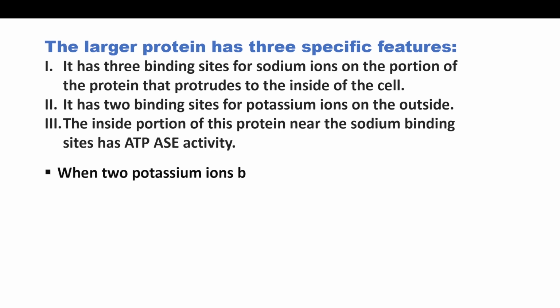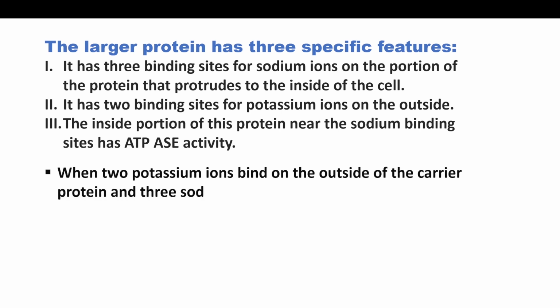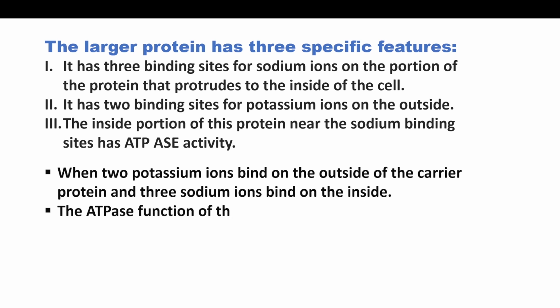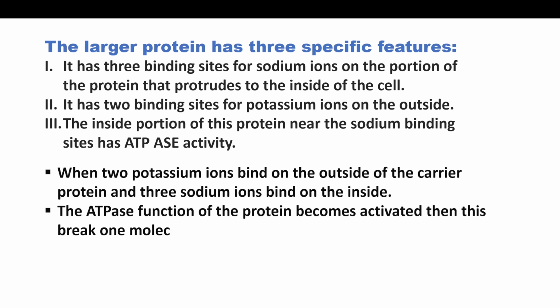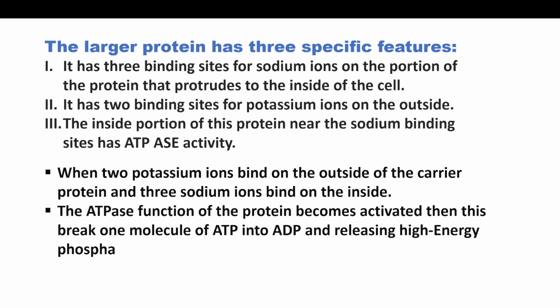When 2 potassium ions bind on the outside of the carrier protein and 3 sodium ions bind on the inside, the ATPase function of the protein becomes activated. This breaks one molecule of ATP into ADP, releasing a high-energy phosphate bond.